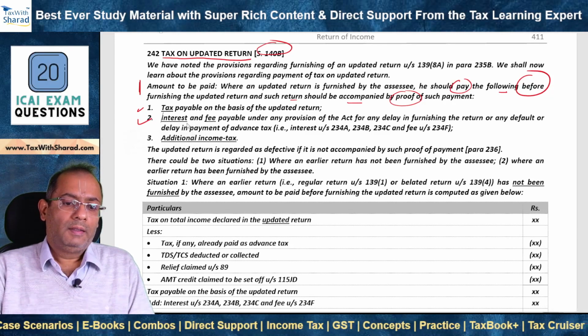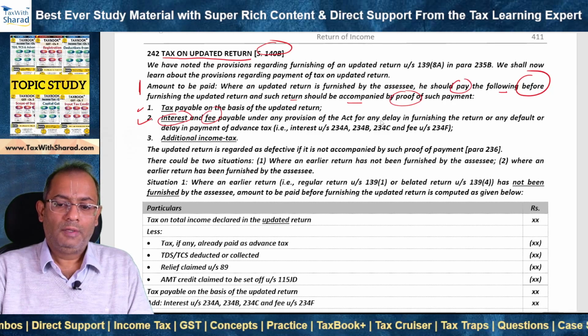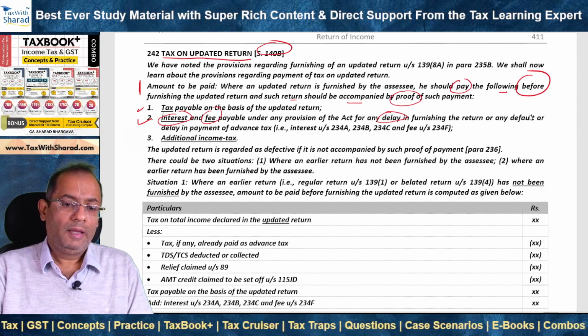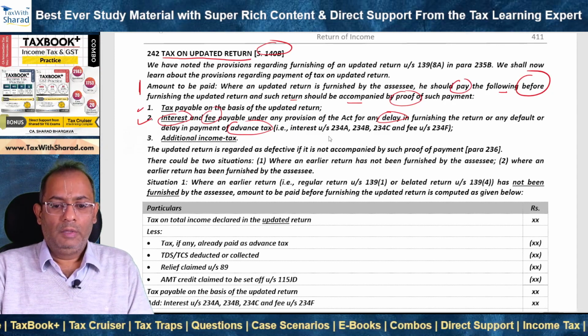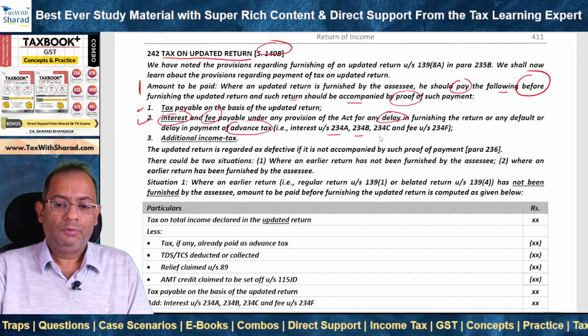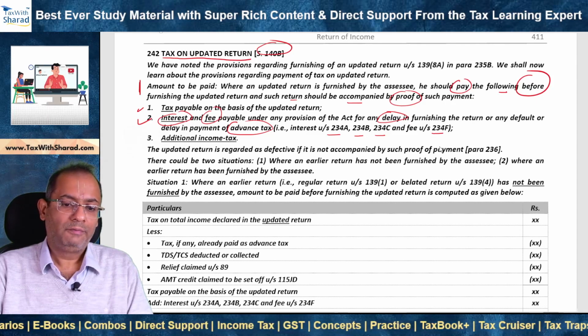Second, the assessee needs to pay interest and fees under any provision of the Act for any delay in furnishing the return or any default or delay in payment of advance tax. So we would have studied the provisions regarding interest under section 234A, 234B, 234C and payment of fees under section 234F.